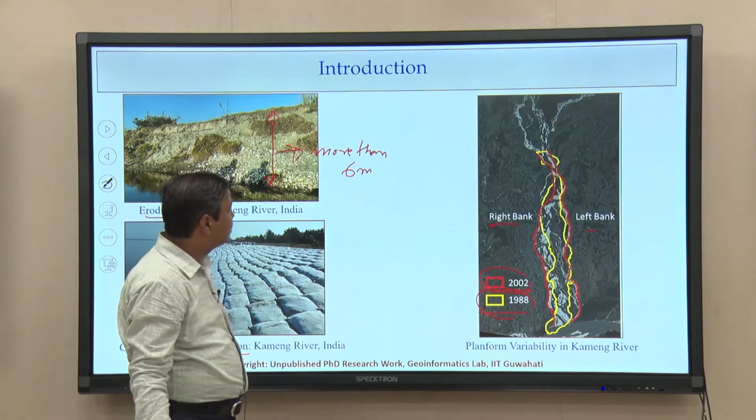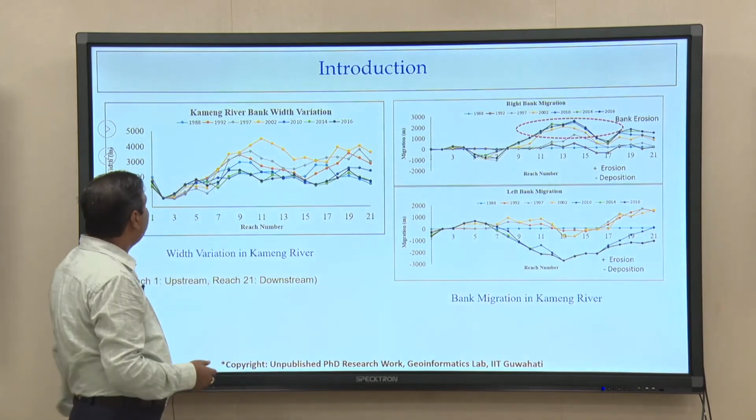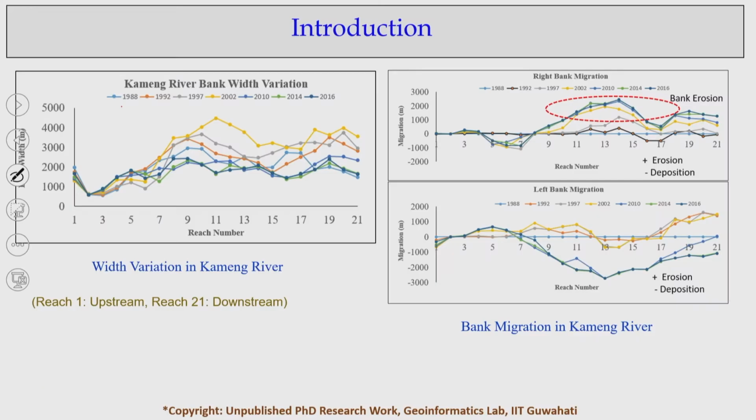Today we will have more discussions, and the next slide shows, for different years from 1880 to 2016, almost 136 years, how the river width varies with reach number along the length.